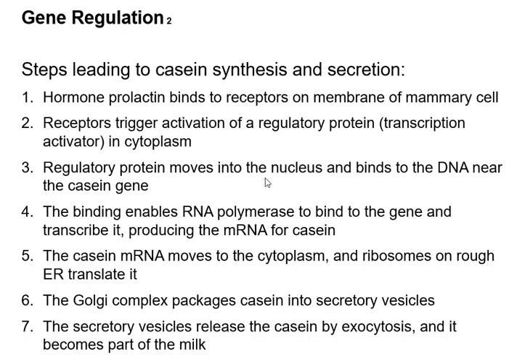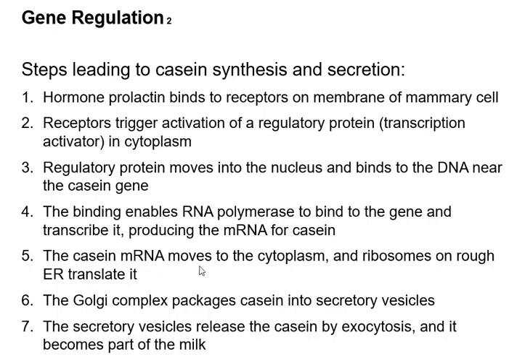This protein moves to the nucleus. It can bind to the DNA near the gene, and once it's bound, then the RNA polymerase knows where to go and where to start unwinding the DNA so that you can transcribe it into messenger RNA for casein, which is one of the milk proteins.